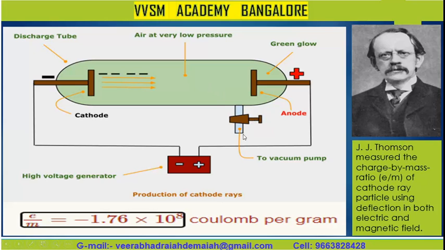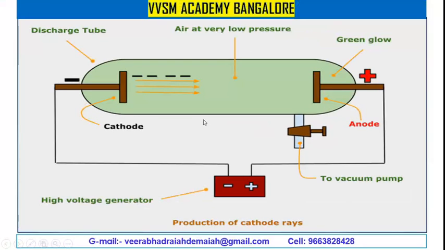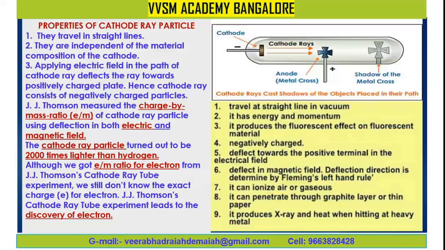Remove the air, evacuate it, and apply the potential difference, high voltage, from a high voltage generator, and at very low pressure the rays start emitting from cathode to anode in the form of straight lines. This is the production of cathode rays. So this is the detailed diagram of the discharge tube.